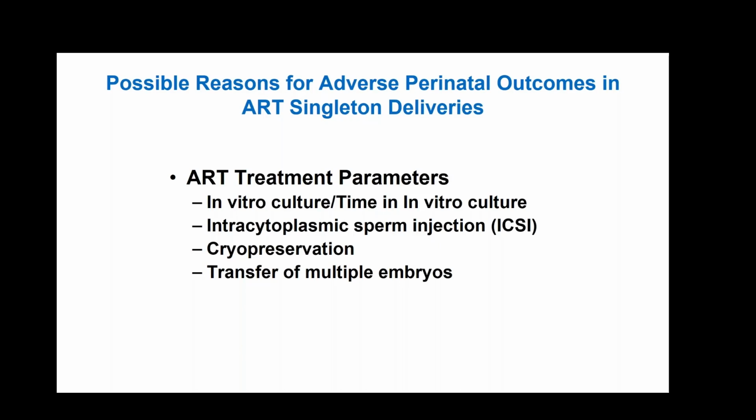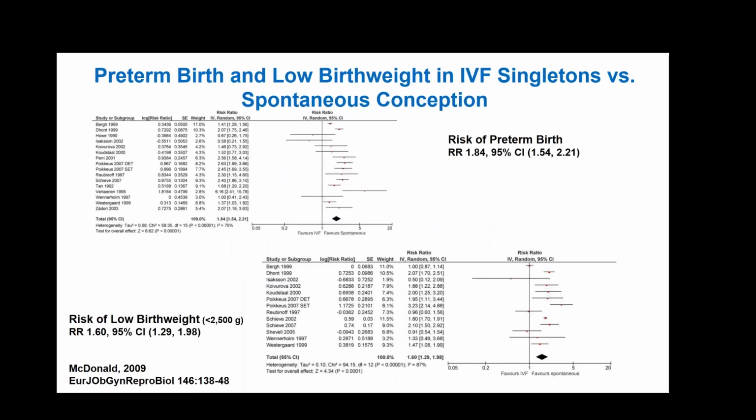Now, there's extensive literature on each of these possibilities, any of which could probably be a full webinar in itself. Nevertheless, what I'll do here is to review a few studies on each of these possibilities to make the point of what happens as a result of them. Data on this slide come from a meta-analysis of studies on ART outcome that had accumulated through 2009.